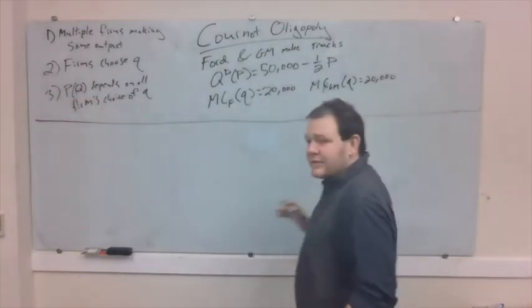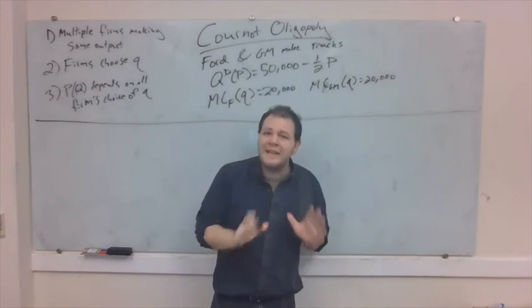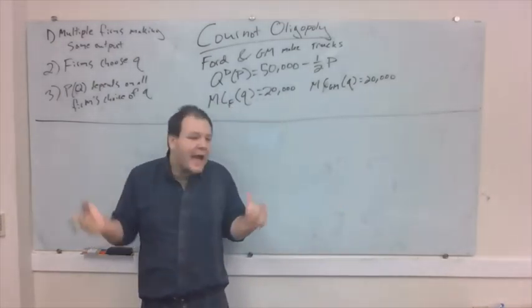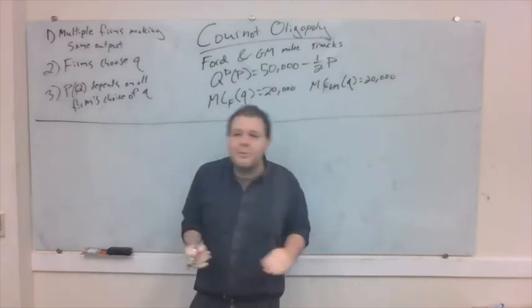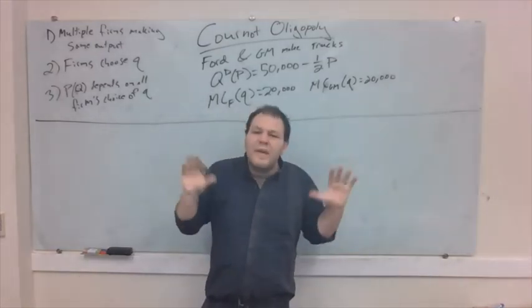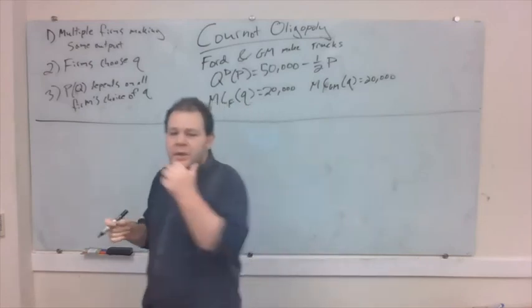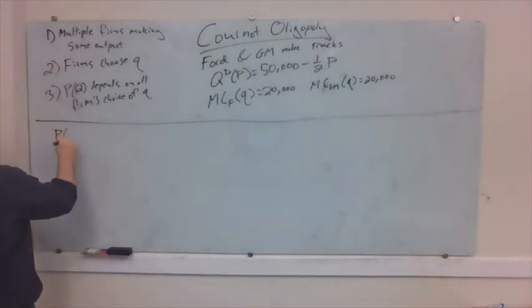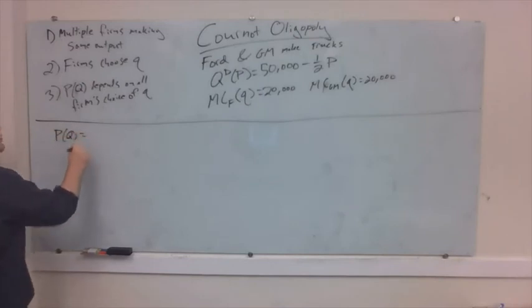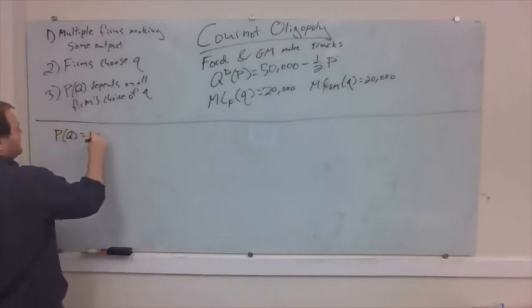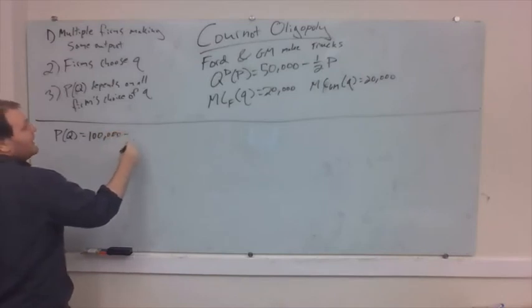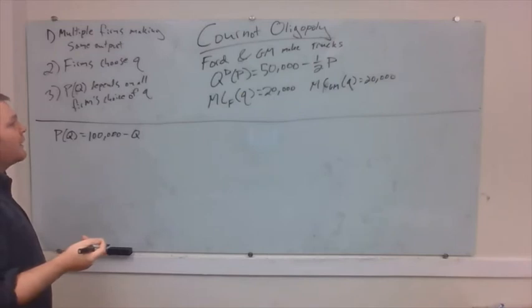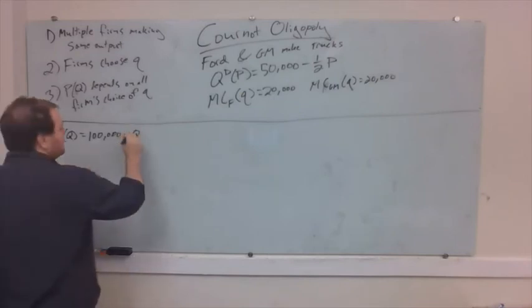Well, to think about this, let's start by using the same tools we looked at last class, imagining that each firm had three choices. They either produce like a monopoly, they produce like a competitive firm, or they produce somewhere in between. So if they were a monopoly, right, we would say that their inverse demand, P of Q, would be 100,000 minus 2Q.